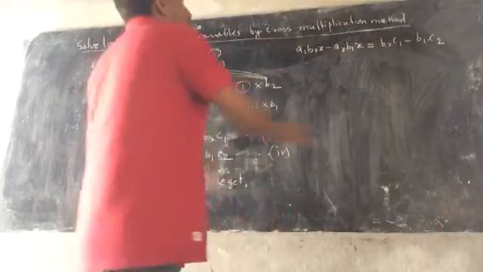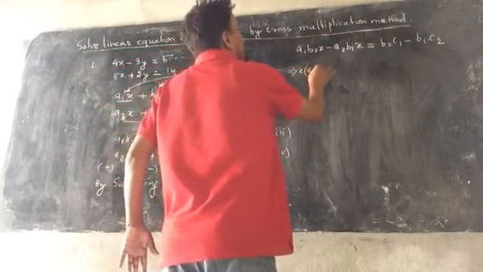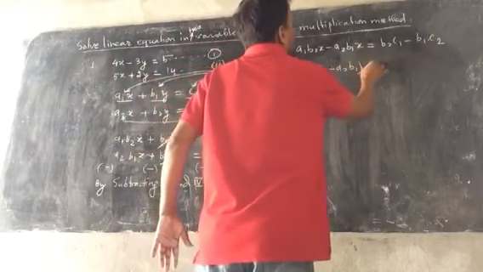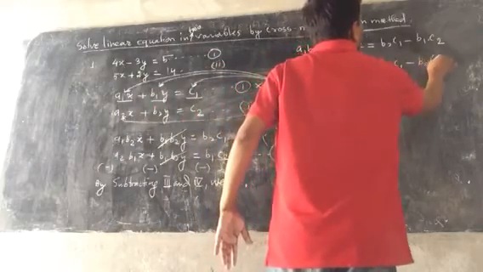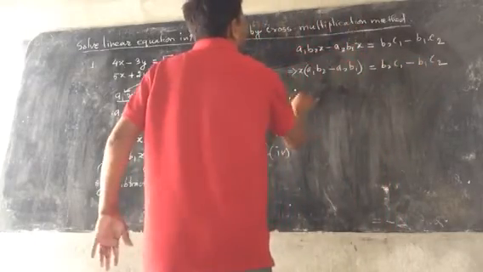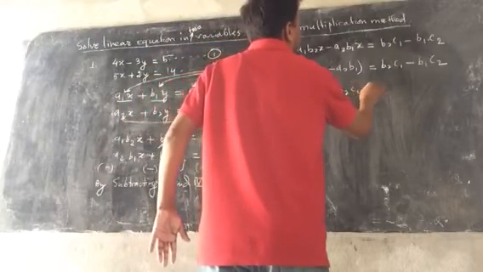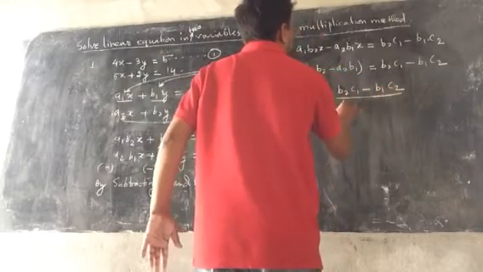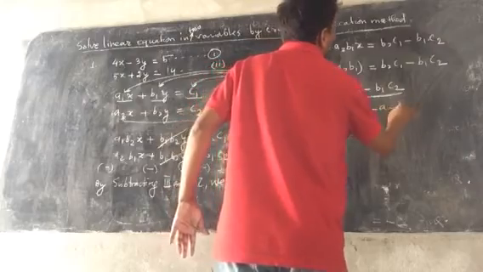Okay. Now you see here, x can be taken as the common factor. X is out. Therefore, x is equal to (B2 C1 minus B1 C2) by (A1 B2 minus A2 B1).